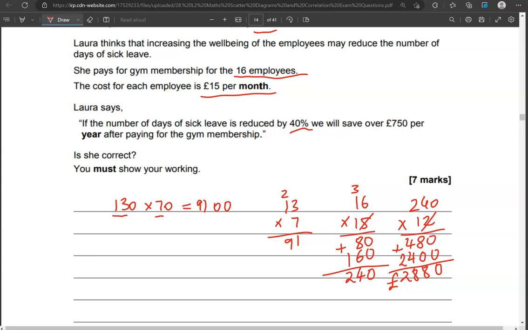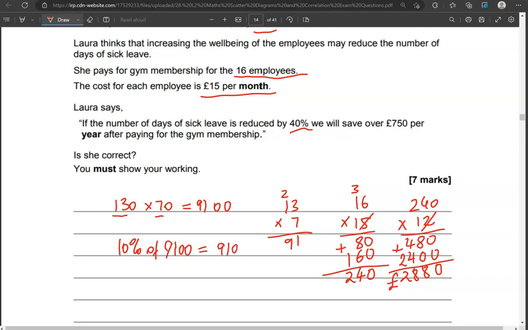Now the question is, if the number of days of sick leave is reduced by 40%, then they will save over £750 per year. So what we're going to do is reduce the £9,100 by 40%. So 10% of 9,100 is 910.